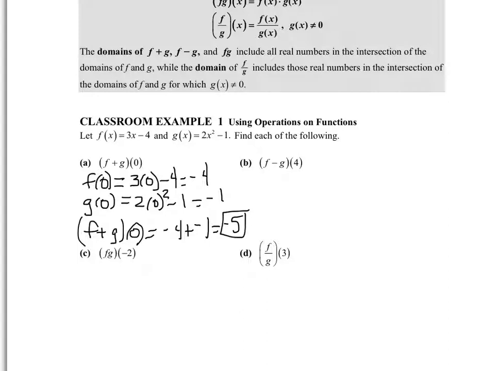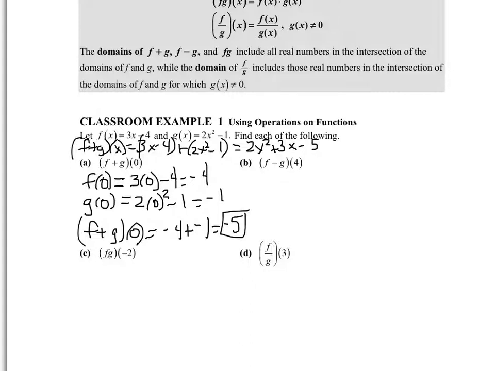Now, if I had added these functions together originally, if I had just found f plus g of x, that would mean I would have 3x minus 4, and when I add 2x squared minus 1 to it, combining like terms, I would have ended up with 2x squared plus 3x, and then minus 4 plus negative 1 is minus 5.